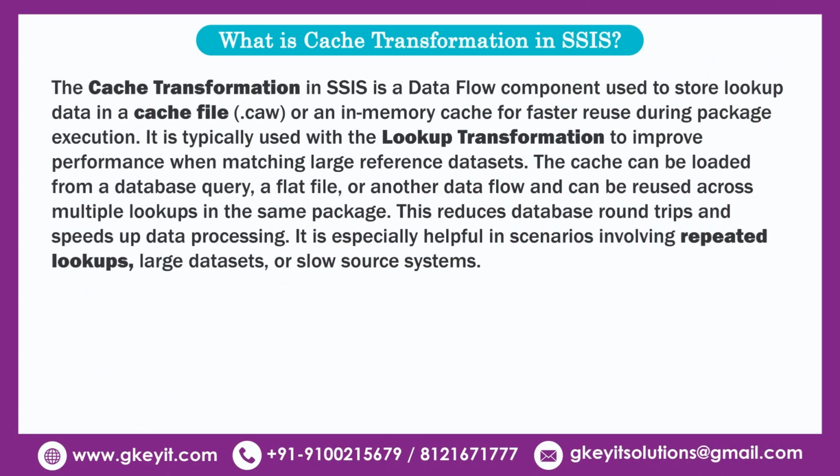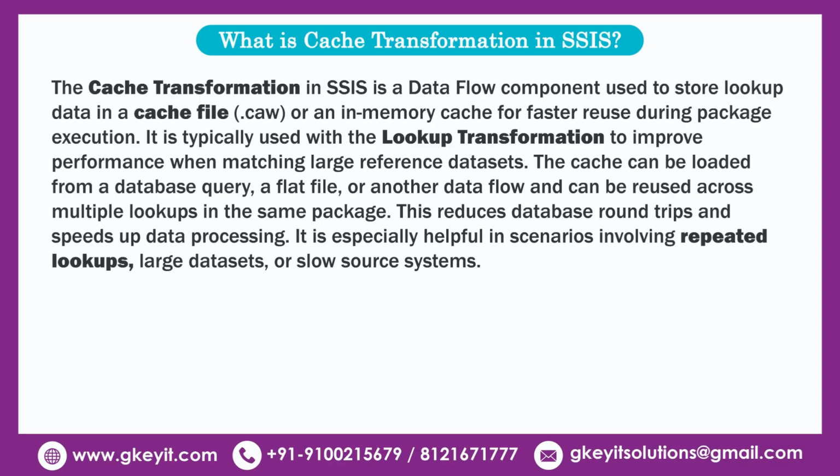In this part of training, we are going to discuss what is GKey transformation in SSIS. The GKey transformation in SSIS is a data flow component used to store lookup data in a cache file, that is .caw, or an in-memory cache for faster reuse during package execution. It is typically used with the lookup transformation to improve the performance when matching large reference datasets.